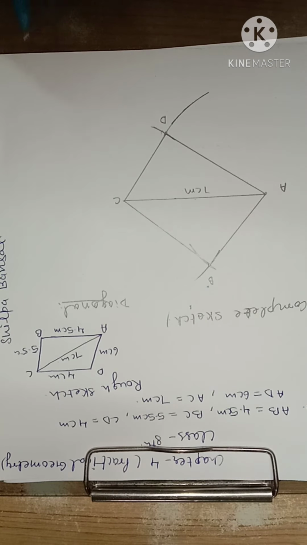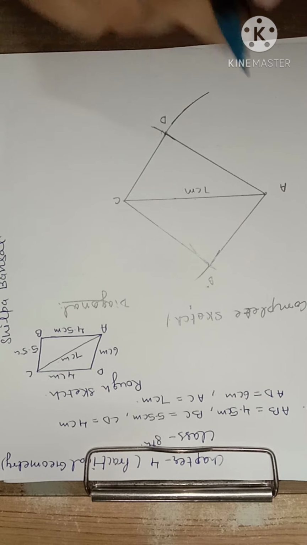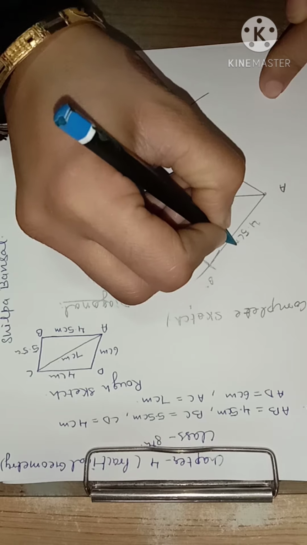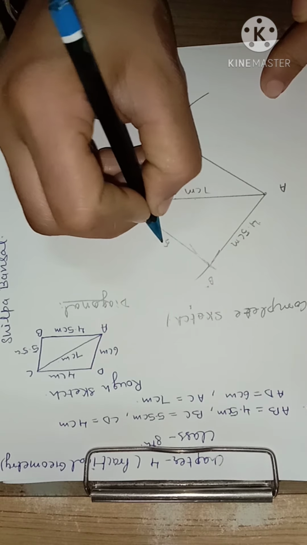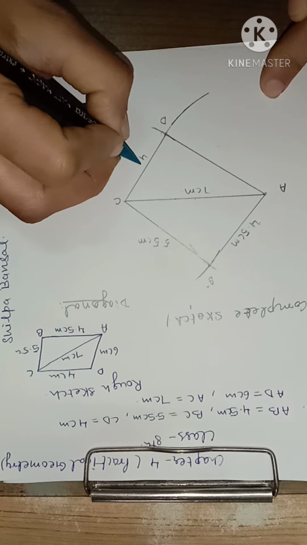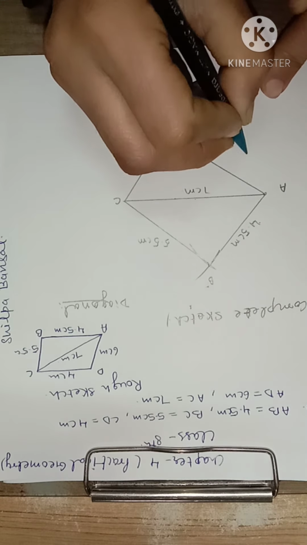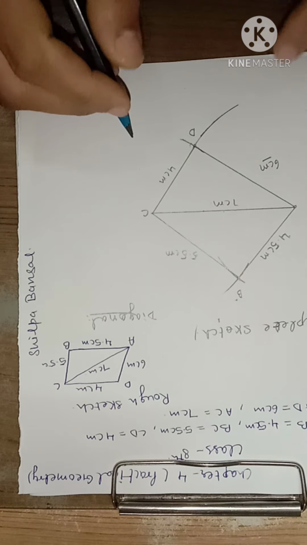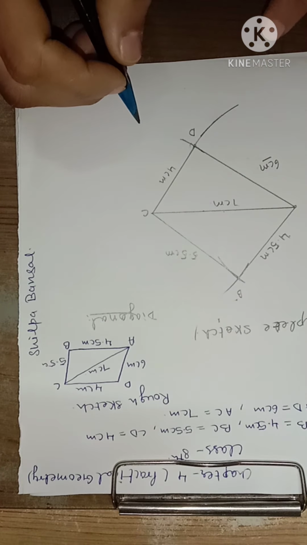Now you will get a quadrilateral. After that label it and write down the measurements: AB 4.5 centimeters, BC 5.5 centimeters, CD 4 centimeters and AD 6 centimeters. Clear? If you have any doubt, then please tell me.